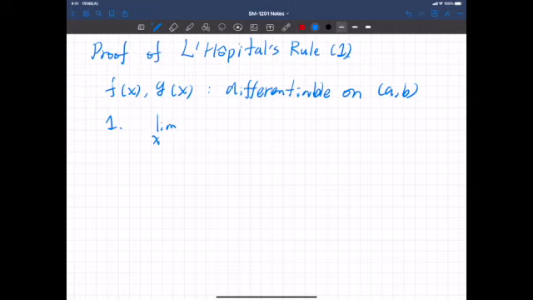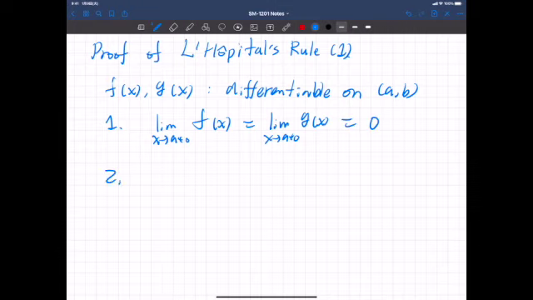One, the limit as x approaches a from the right, so this is a right limit, of f of x is equal to the limit as x approaches a from the right of g of x, and that is both 0.